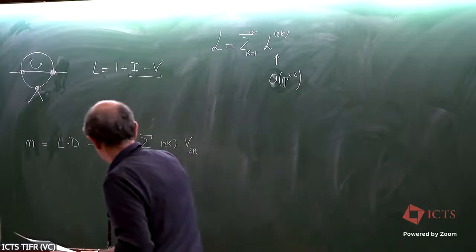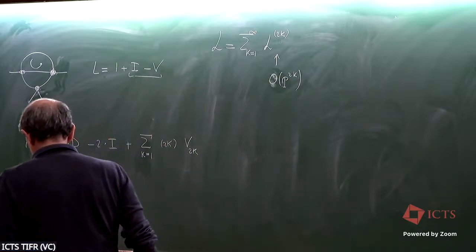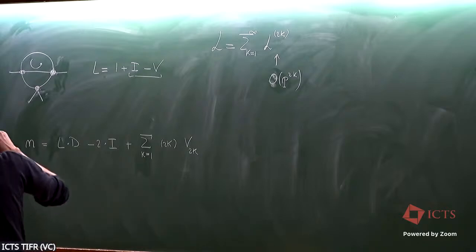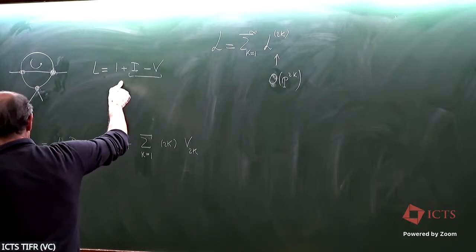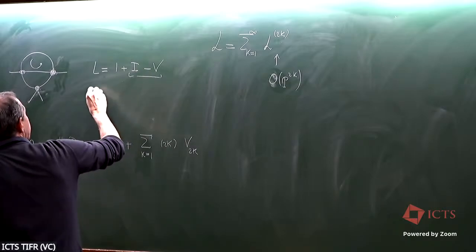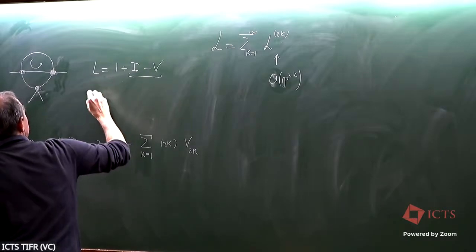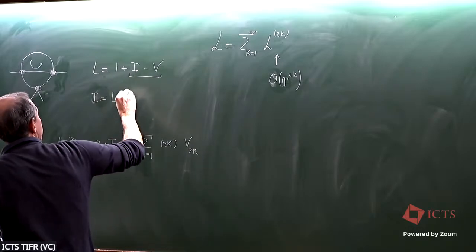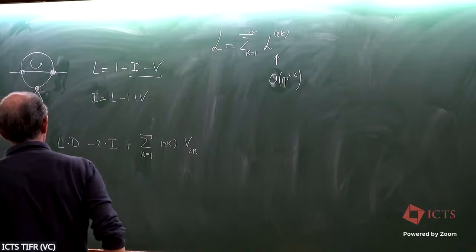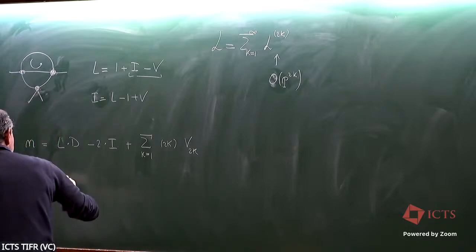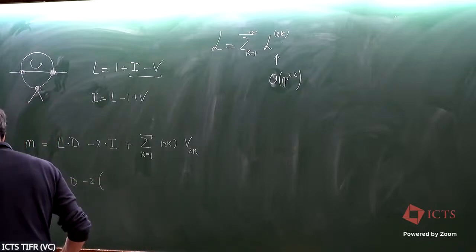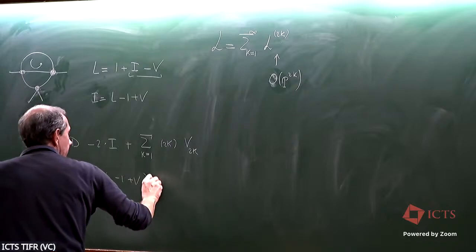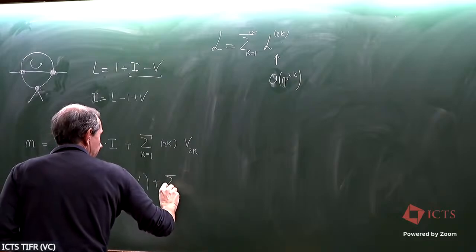Now, I have not used that relation, so now let's use that relation here. I use it expressing the number of internal lines versus the number of loops. So I have L minus 1 plus V. So I have L times d minus 2 I, sorry, I'm a bit late, L minus 1 plus V plus the sum over k.